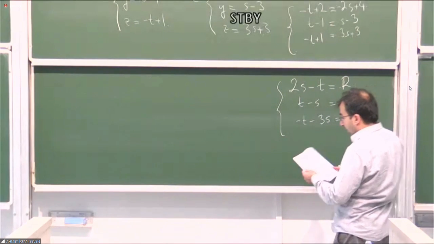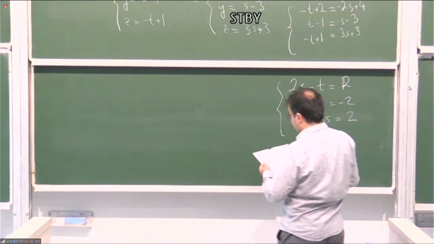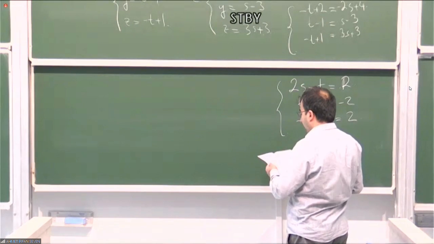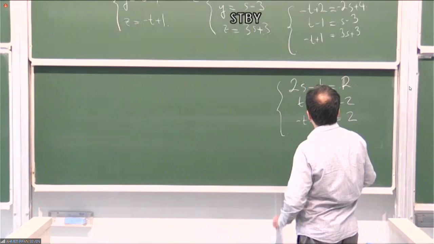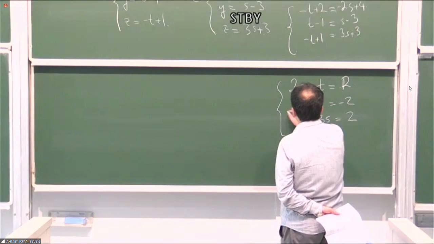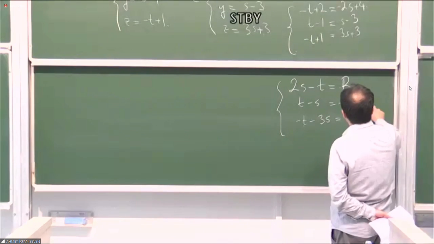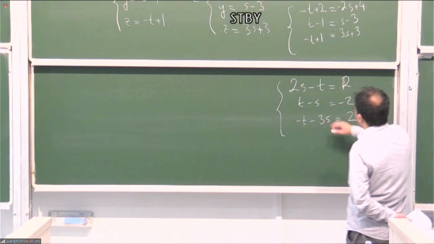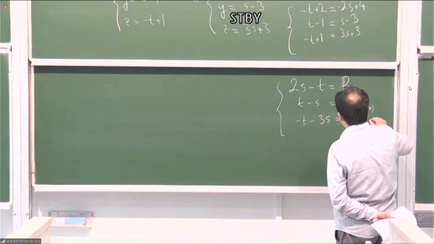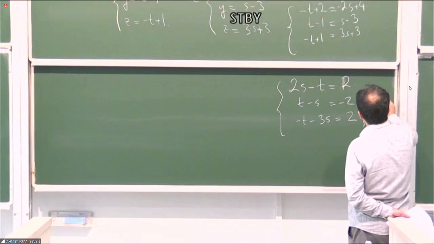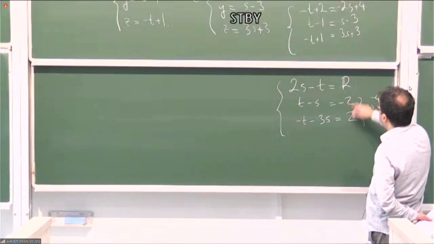Okay. And then from here, what do we get? So we need to solve these two equations. Let's add these two. We get minus s minus 3s, so minus 4s equals 0.